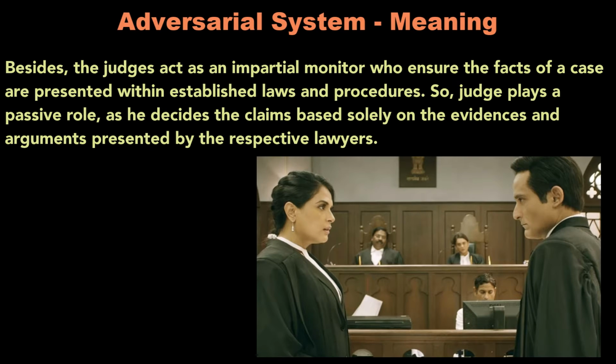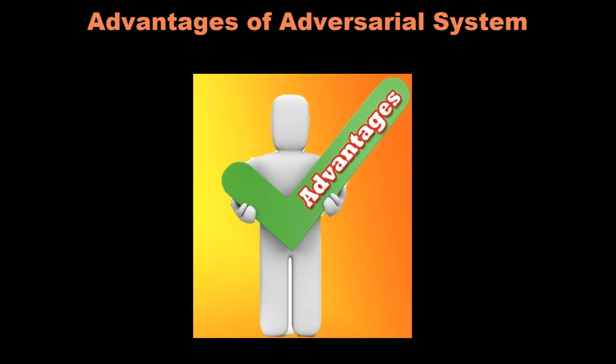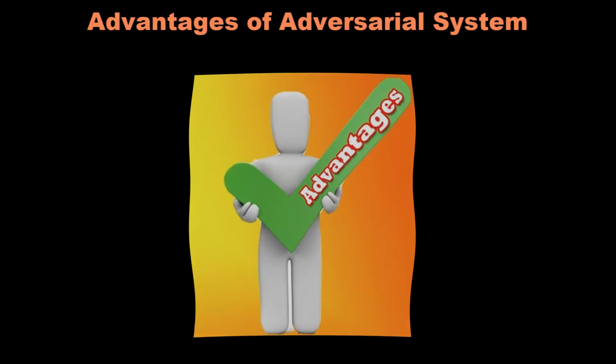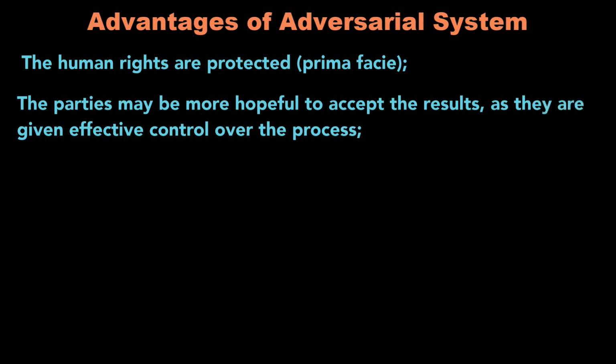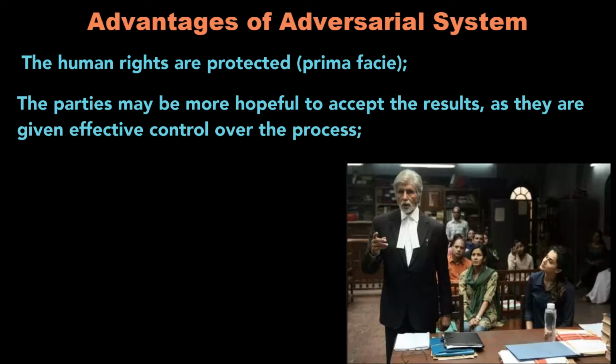Okay, now let's check out what are the advantages of the adversarial system. Some of the advantages are that human rights are protected. So in this adversarial system, human rights are given privilege. Until and unless the offense is proved, the accused is considered not guilty, or innocent. Secondly, the parties may be more hopeful to accept the results as they are given effective control over the process.